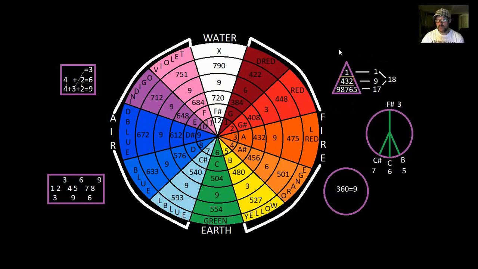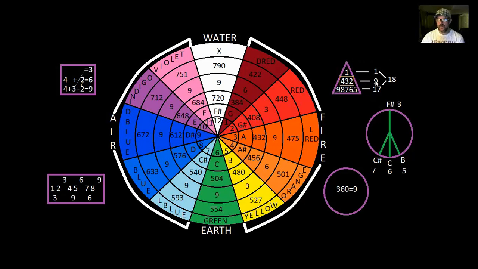Okay, and last we've got this pyramid here, and notice that the numbers are in reverse. So you've got 1, 2, 3, 4, 5, 6, 7, 8, 9. You've got the 432 right in the center, nice and neat. And then you start to play with these numbers.